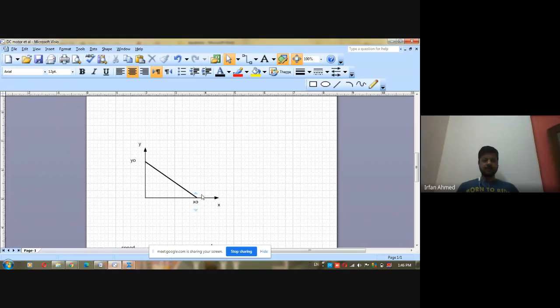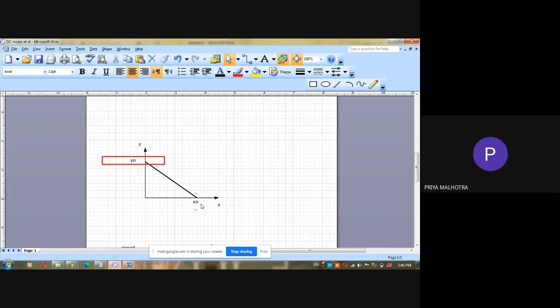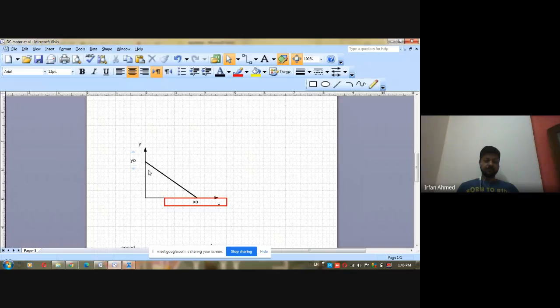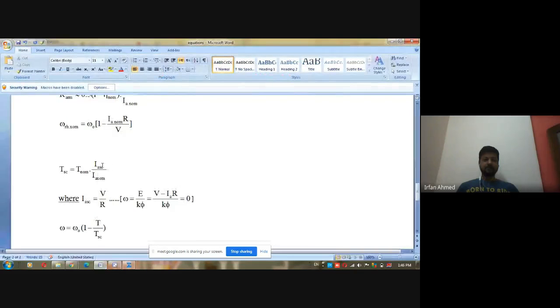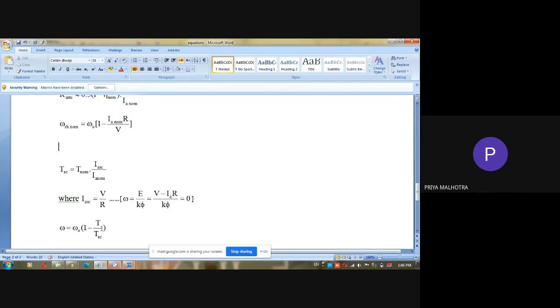So the slope of this line will be minus y0 by x0. So the equation of this line is y is equal to minus y0 by x0 into x plus the y-intercept, that is y0. So y becomes equal to y0 times 1 minus x by x0. So in terms of our parameters, that equation becomes omega is equal to omega 0 into 1 minus T by Tsc.